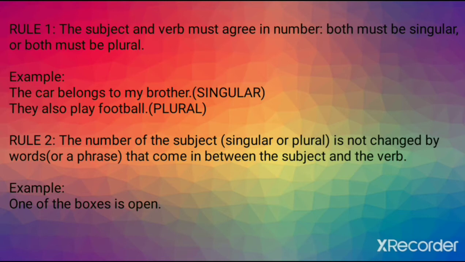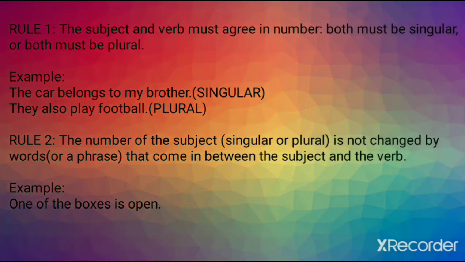For example, there are 10 boxes. In this sentence, we are not speaking about all the 10 boxes. We are speaking about one among those 10 boxes. So, one of the boxes is open. So, here the subject one and the verb is are both singular.